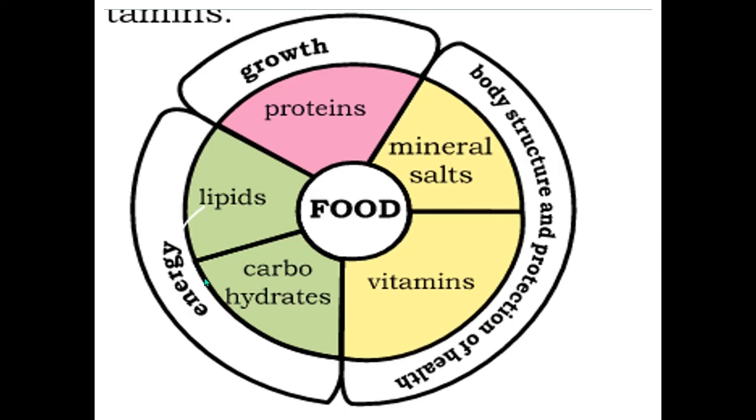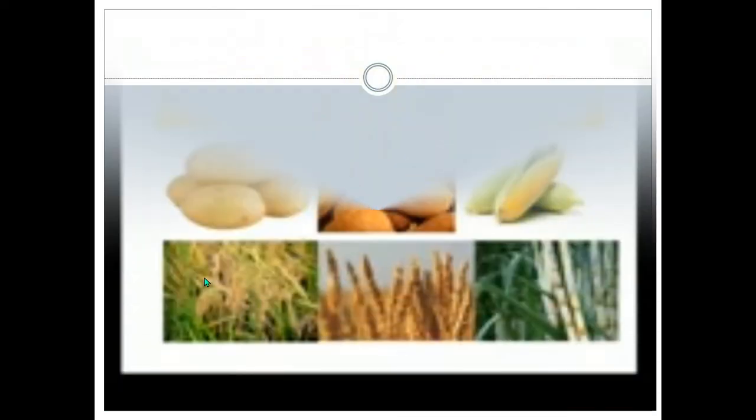I already told you that carbohydrate is an energy-giving nutrient, but lipid gives more energy than carbohydrate. If we use a little lipid, it is enough. It gives more energy than carbohydrate, so lipids have high fat content.